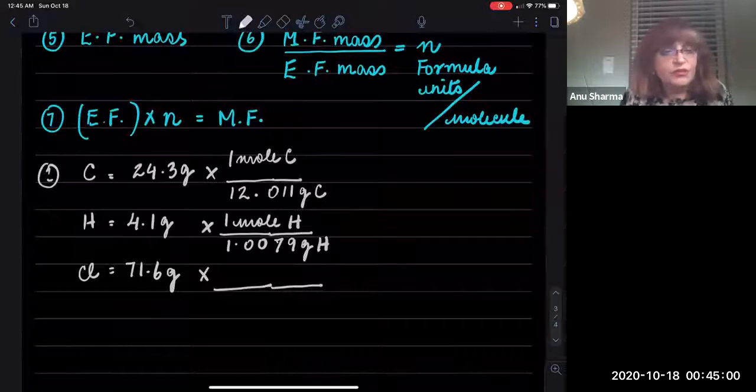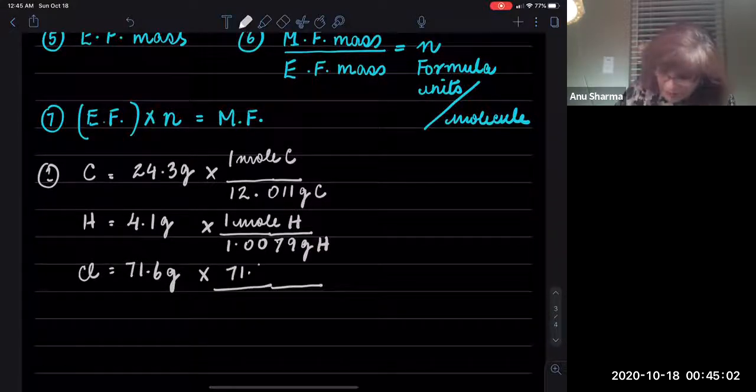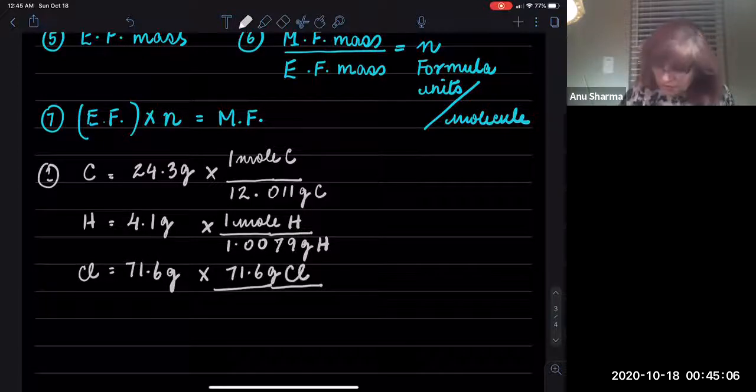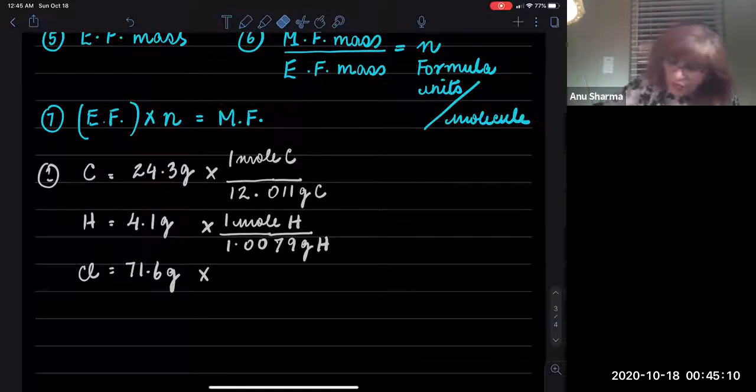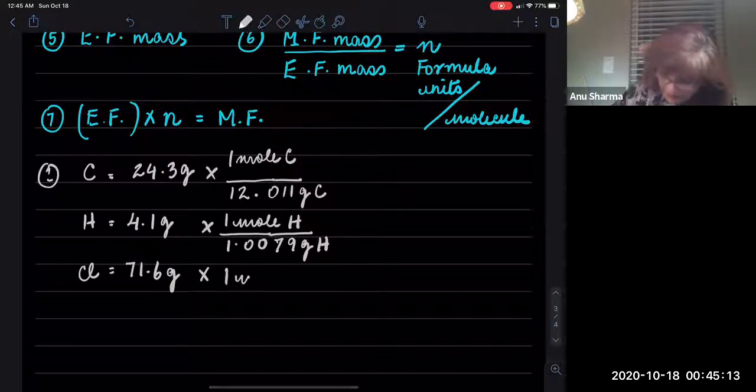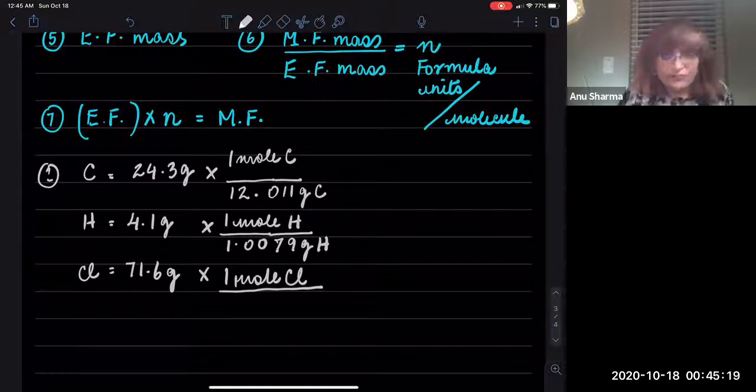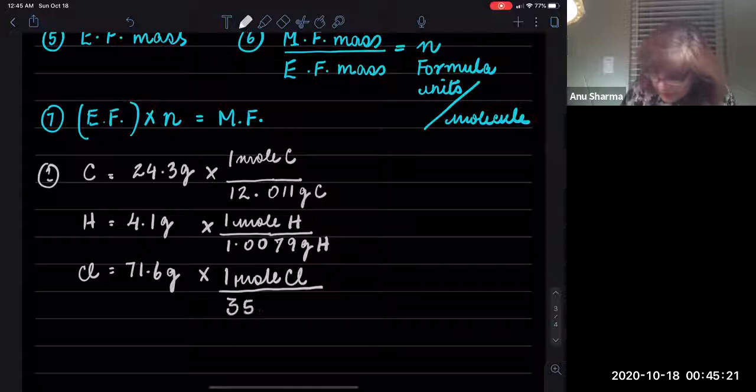And then comes chlorine. Chlorine is 71.6 grams of chlorine. So 1 mole of chlorine is 35.453 grams of chlorine.